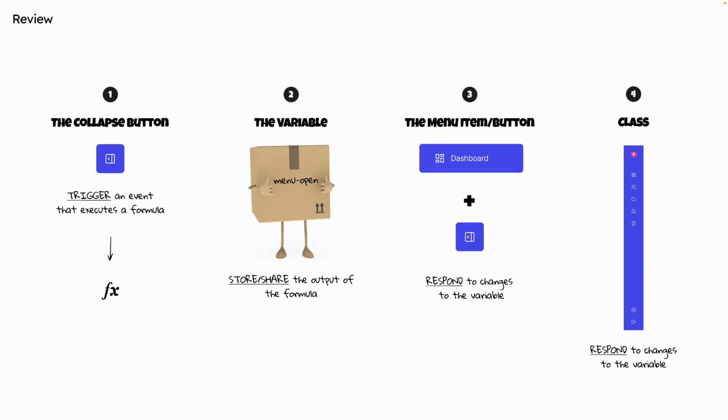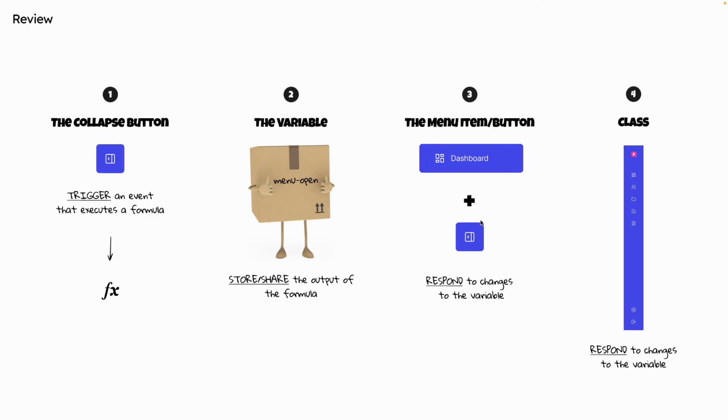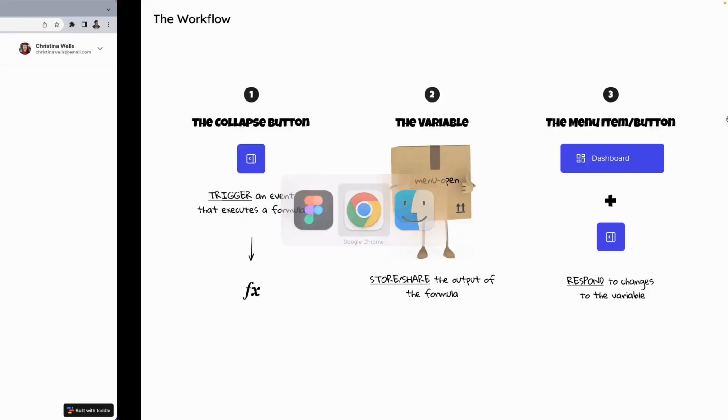To achieve that, we're going to use a similar logic to the one we used with the collapsible sidebar nav, in the sense that we are going to have a trigger event that's going to push a value into some type of container, some type of storage, and then we're going to have our containers themselves, the dashboard, the teams, the projects container, look to this stored value, and when the name of the stored value matches the name of the container, then that container will be visible. Okay, so let's go back to the editor.